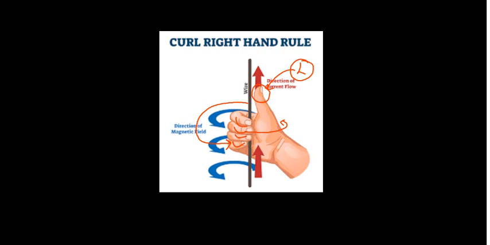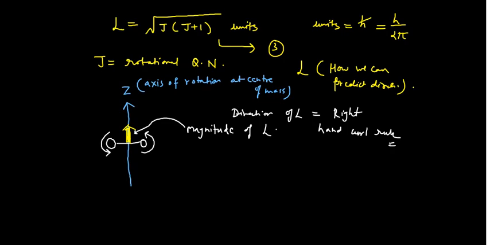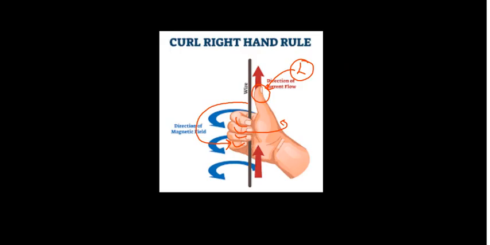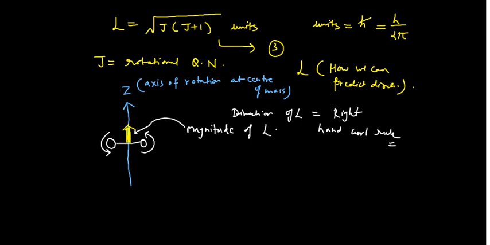Now say your molecule is rotating in the clockwise direction. Previously you can see here it was in the anti-clockwise direction. Now suppose your molecule is rotating just like that in the clockwise direction.